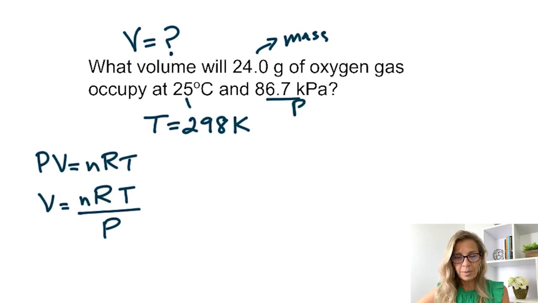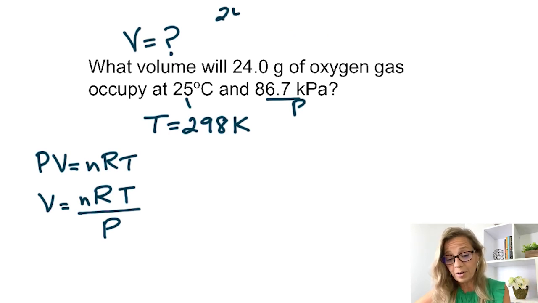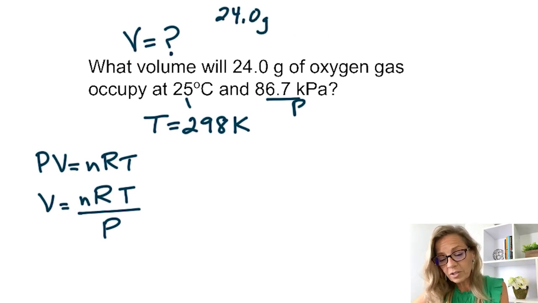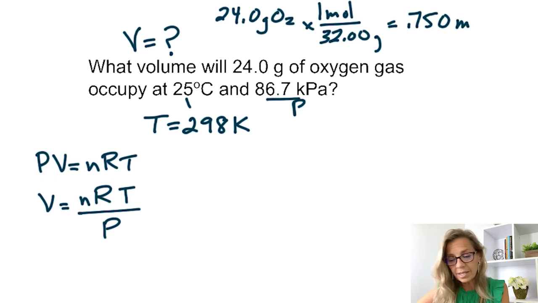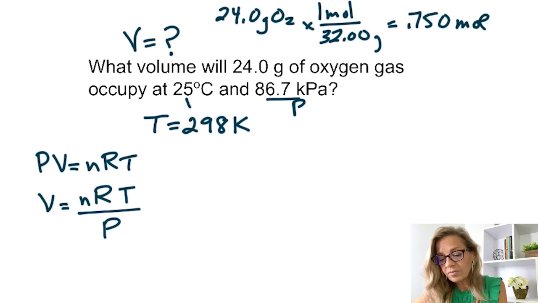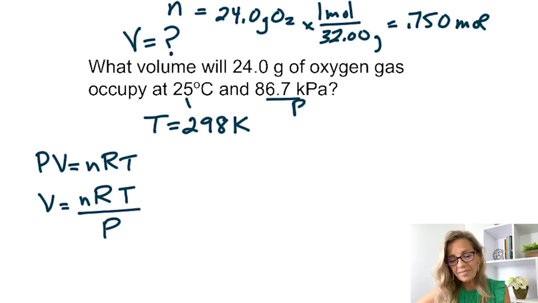Now, before I start to plug things in, let's get our number of moles. So I'm going to take my 24 grams of oxygen and convert that to moles. I know that 1 mole of oxygen is 32 grams, and so 24 grams is 0.750 moles. Okay, so that is my n.